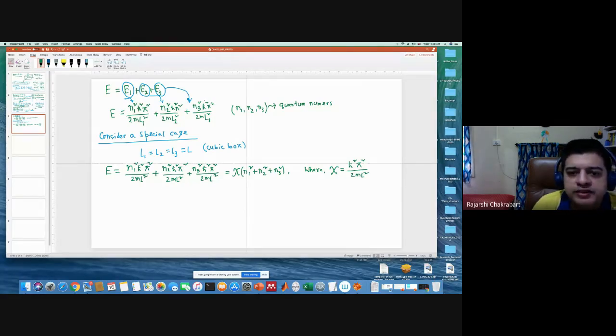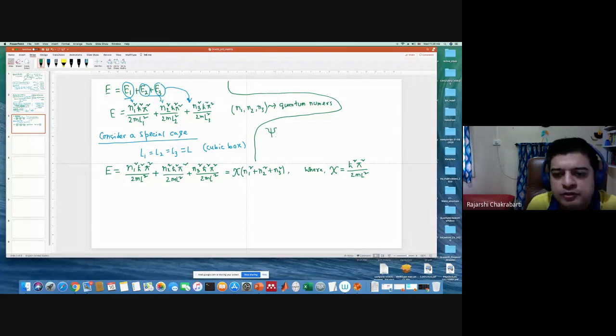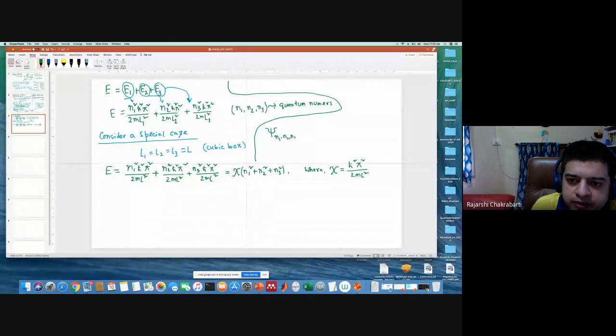Okay, before I do the energy, I can do one thing here. If this is the expression for your energy, then just by solving the particle in a box, I can write the wave function, which is a function of x, y, z, and also of n1, n2, n3. It depends on three quantum numbers.